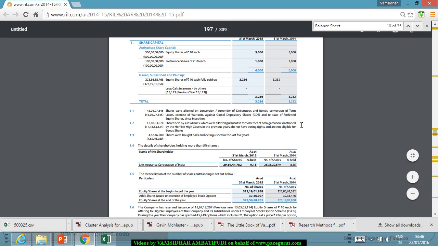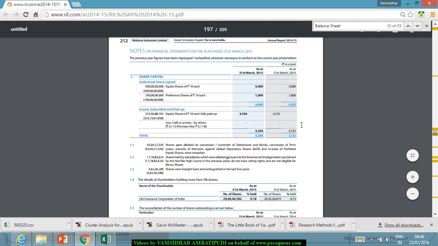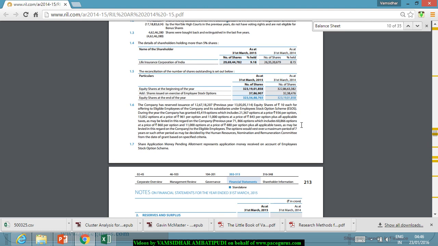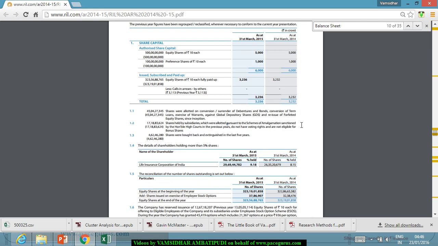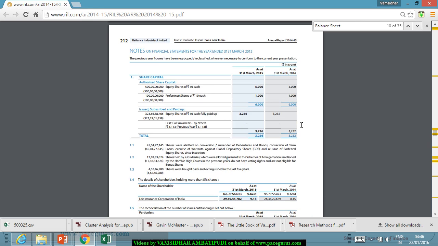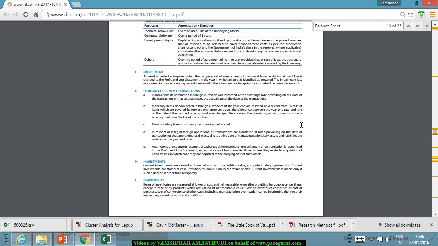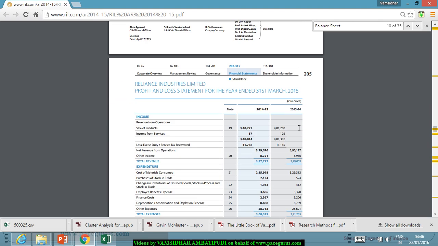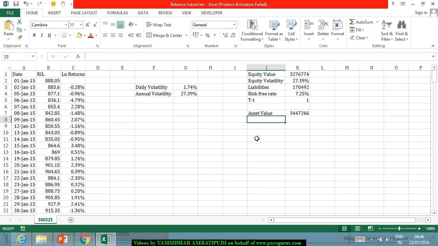Let me just confirm this. All right, I don't think we have made any mistake in the total computation. Fair enough. So this is the value of the asset.